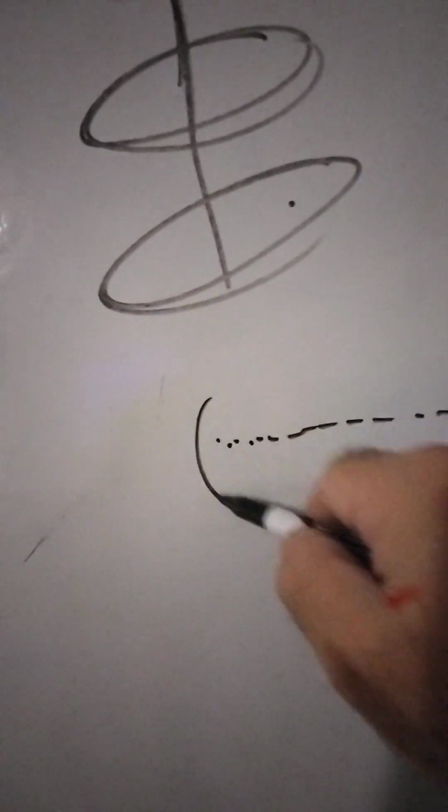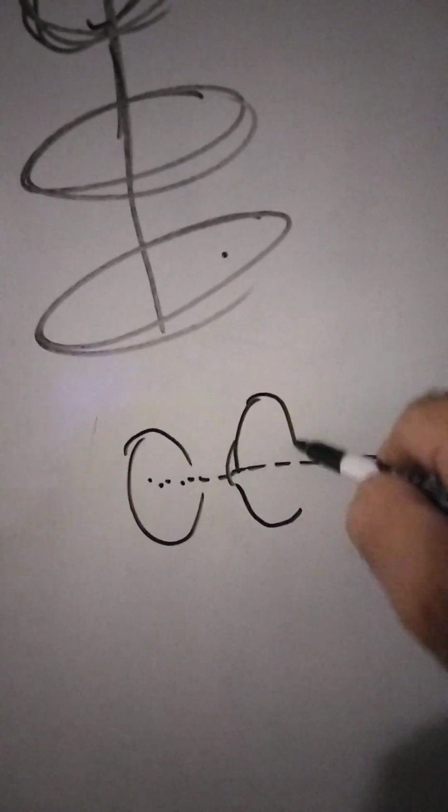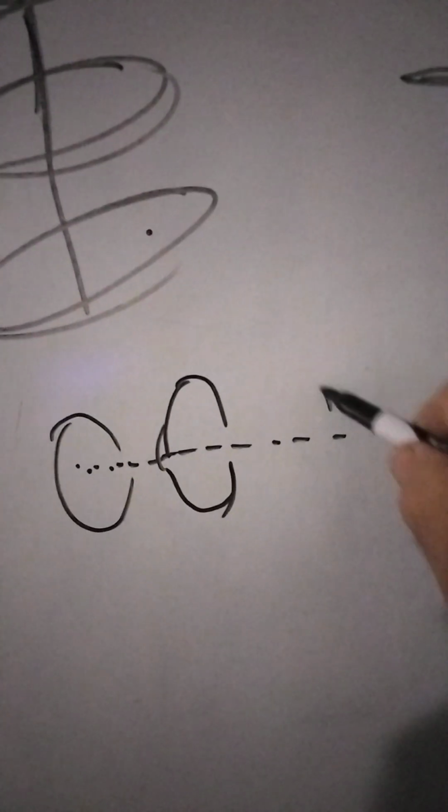So what I have seen now is that the axis is composed of positive electrical charges. They're going to be in a line, and it's surrounded by negative loops of energy.